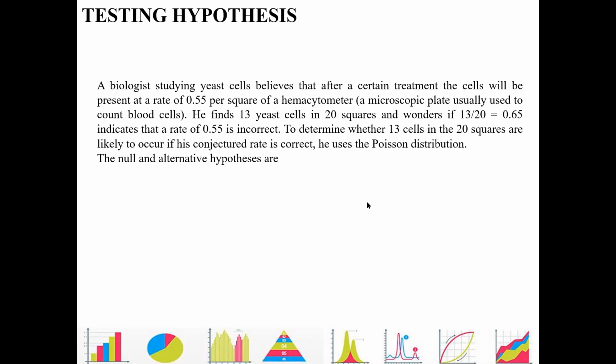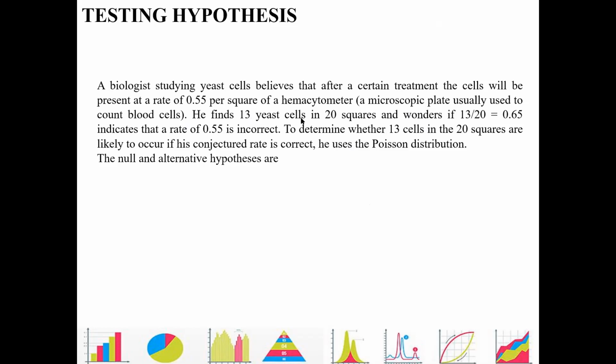Okay, for testing a hypothesis, kung na-apply natin kanina yung sa binomial distribution for conducting a statistical analysis, then we can also use that for Poisson distribution. For example, a biologist studying yeast believes that after a certain treatment, cells will be present at a rate of 0.55 per square of a hemacytometer, a microscopic plate usually used to count blood cells.